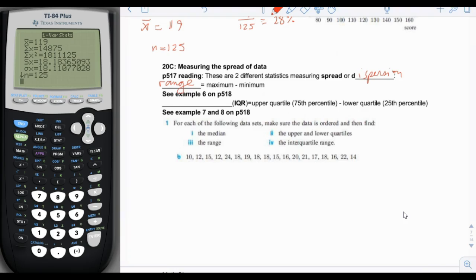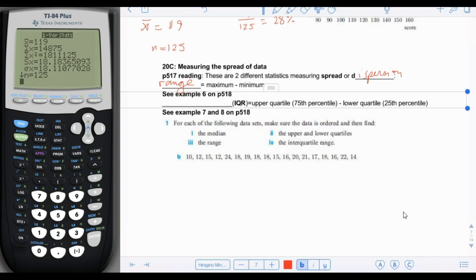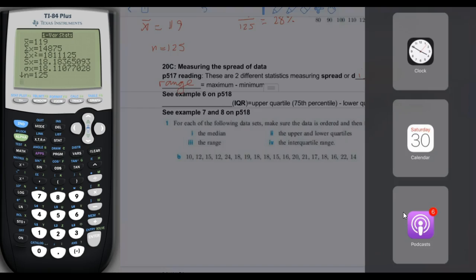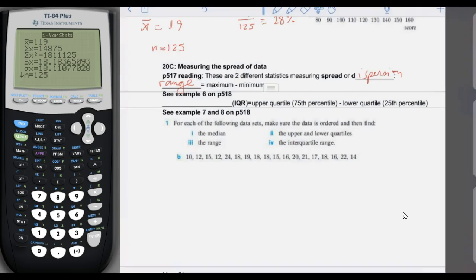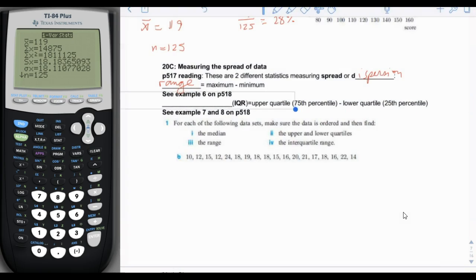We're going to talk about IQR, which is the interquartile range.